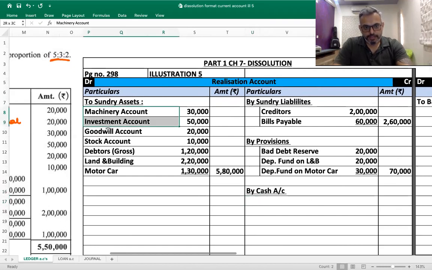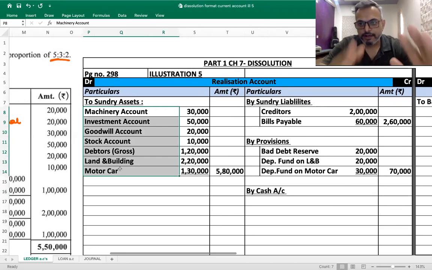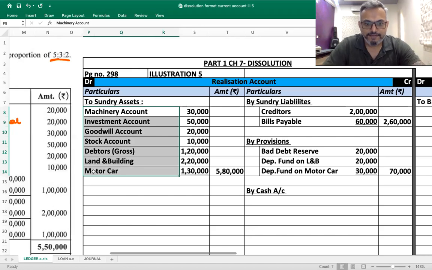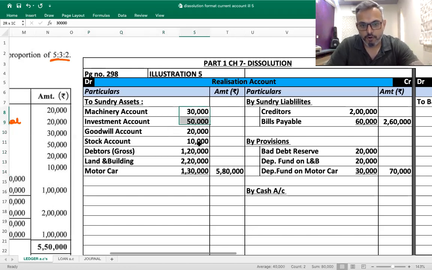Now you know इतने हमारे assets है ही, तो यहाँ पे इसके बारे में अगर कोई information adjustment में दिया है तो fine. अगर नहीं दिया है तो except goodwill, everything will be realized at the book value. Now what is book value?